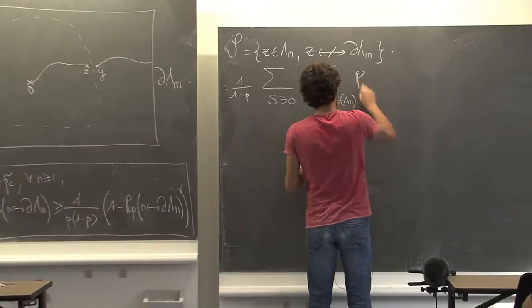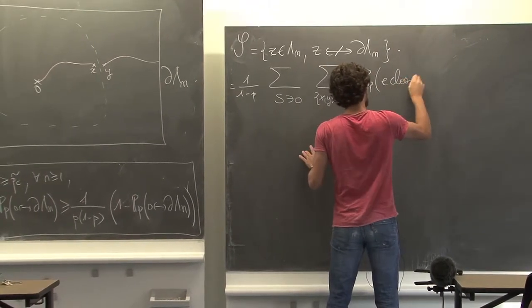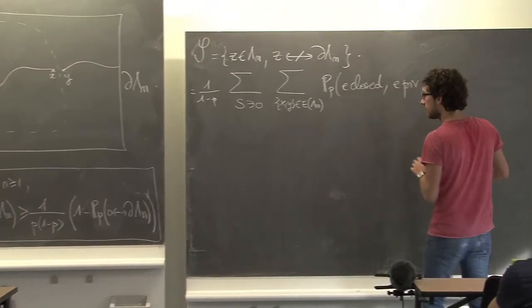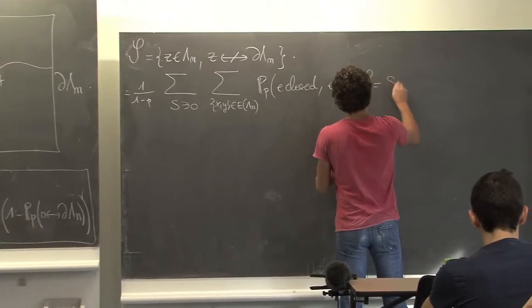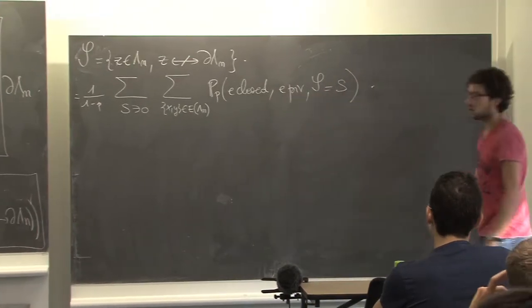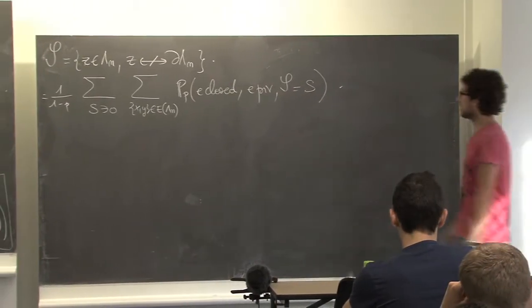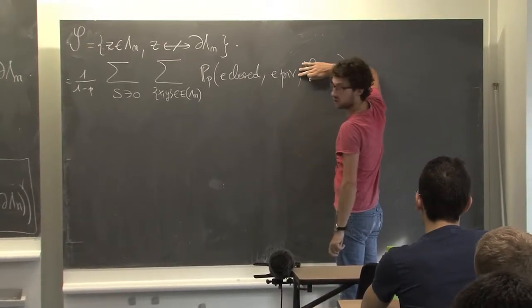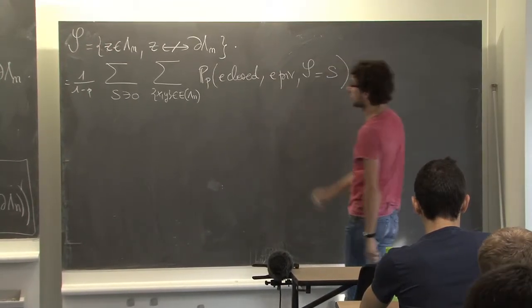And I'm going to just write, so E is closed, E is pivotal, let's just write it like that, and S is equal to S. Are you all okay with this decomposition? This is the sum of all the S, it's just a partition of this thing. So I'm just writing the same thing.